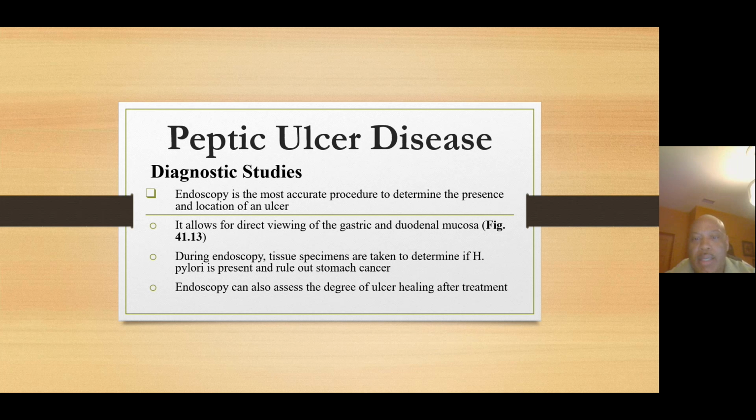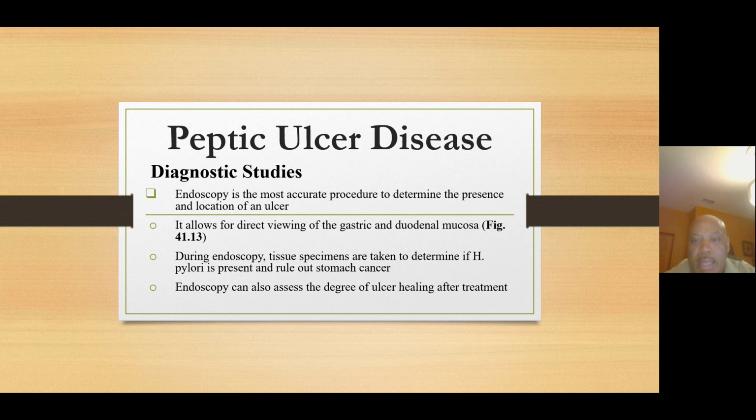Now, endoscopy is the most accurate procedure to determine the presence and location of an ulcer because you can actually visually and directly see the ulcer, all right? It allows for direct viewing of the gastric and duodenal mucosa. You will be able to see that in figure 41.13.